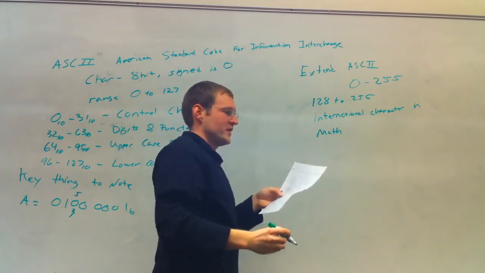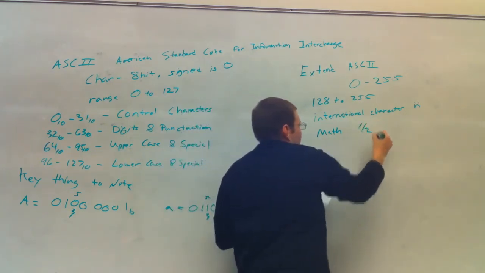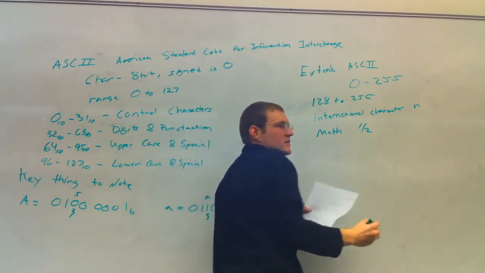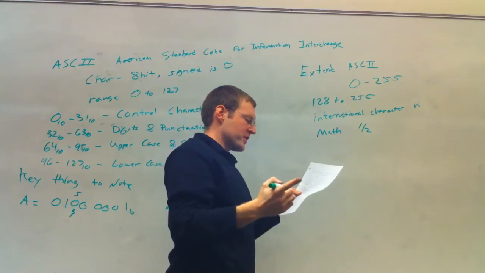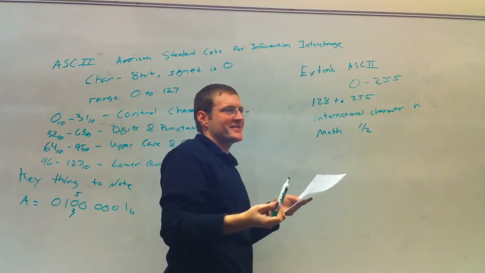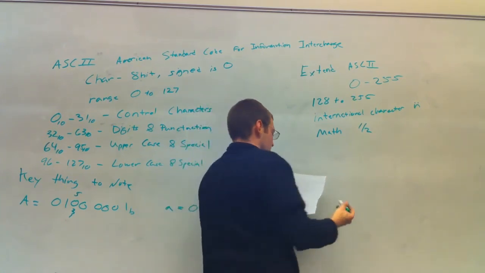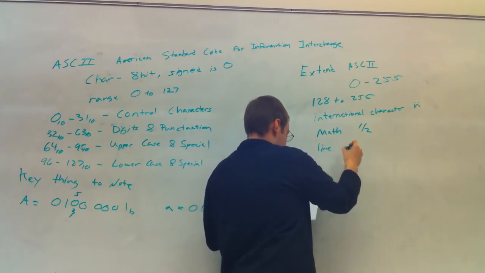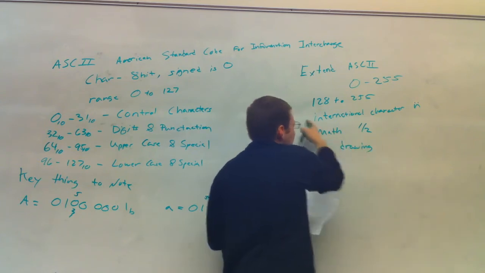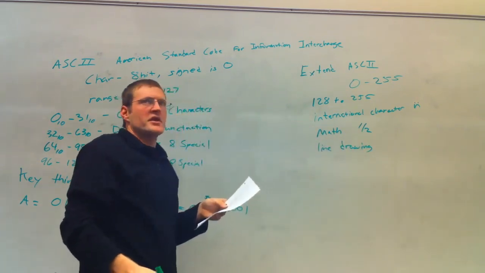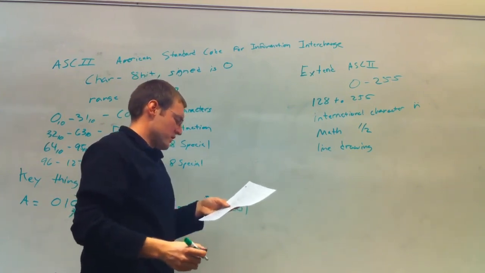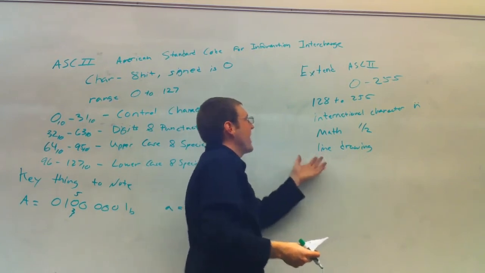If you ever play around with the computer, you can get a 1/2 to show up. Those kinds of things. Is that like copyright and trademark, or are those in... Maybe consider them as international characters. Like I said, it's not standardized what they have. And then we have the line drawing characters. Yeah, I think those are under line drawing. And so that's what we use extended ASCII for.